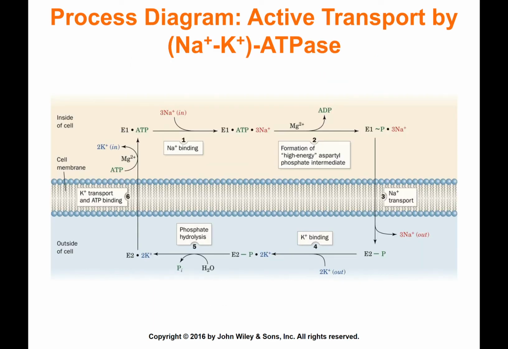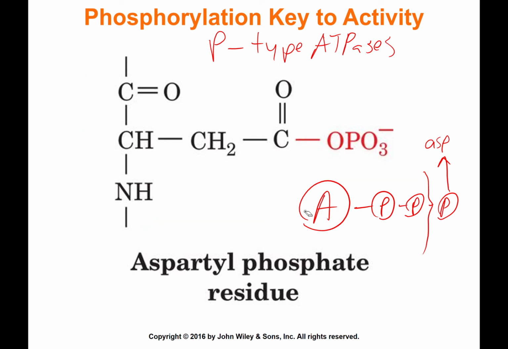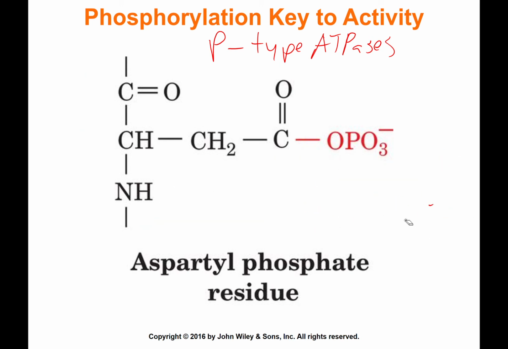Actually, real quickly, we've talked a lot of biology, so I'm just going to give a little bit of chemistry here. How does phosphorylation of an aspartate happen? Here we have our ATP with the end phosphate on it.